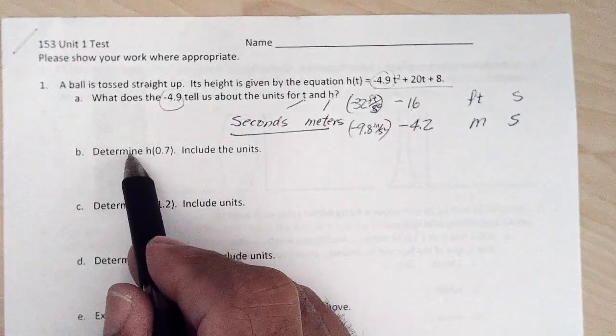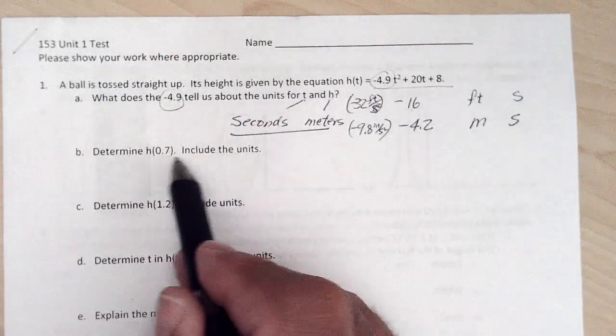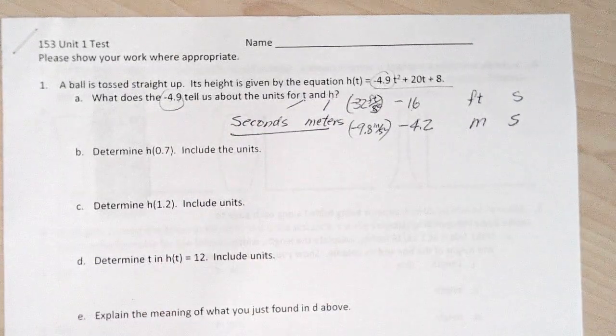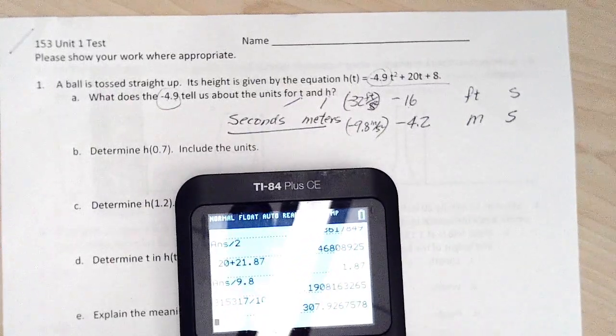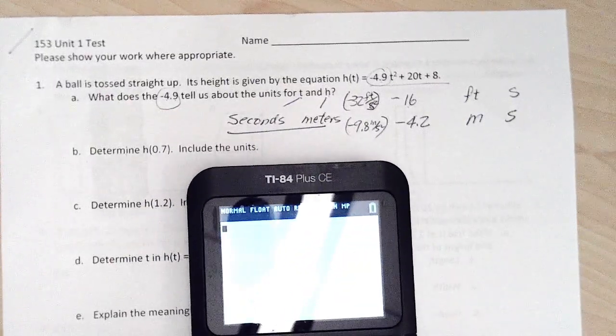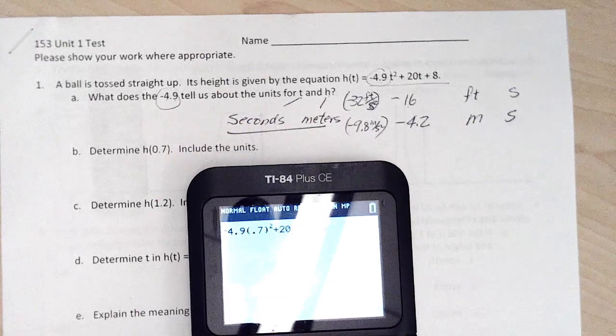So if I'm supposed to determine the height at 0.7 seconds, I need to put 0.7 into there. Now, some of you had trouble putting 0.7 in there. I'll type it in my calculator: negative 4.9, parenthesis, 0.7, close parenthesis, squared, plus 20 parentheses times 0.7, close parenthesis, plus 8.